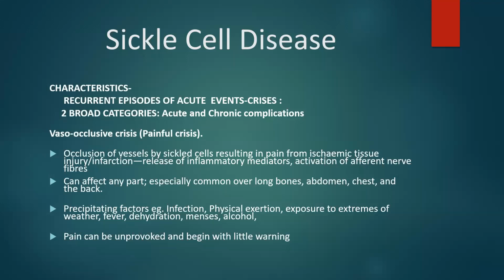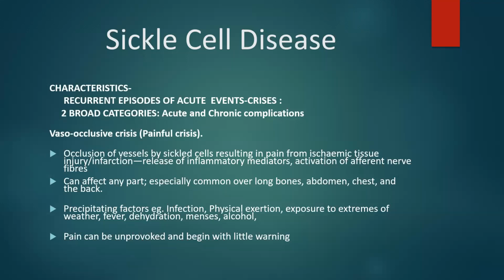There are other factors, as I already said, that may precipitate or worsen the condition, which are infection, physical exercises, exposure to extremes of weather, that's cold or very hot weather, fever, dehydration. Women who are in their menses and have this particular condition may also be tipped into crisis. People who abuse alcohol may also have repeated crisis.